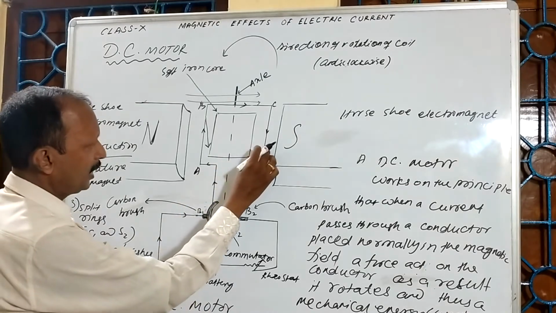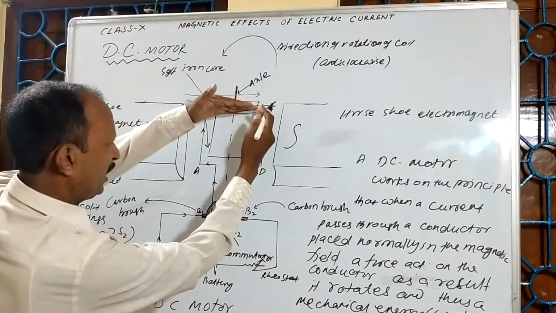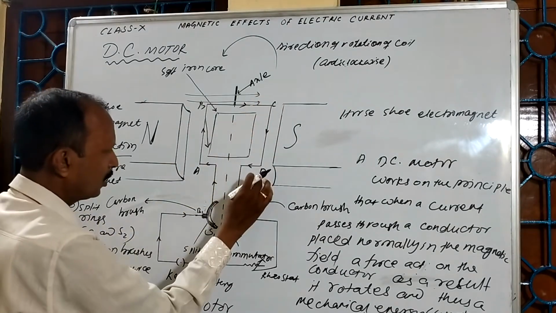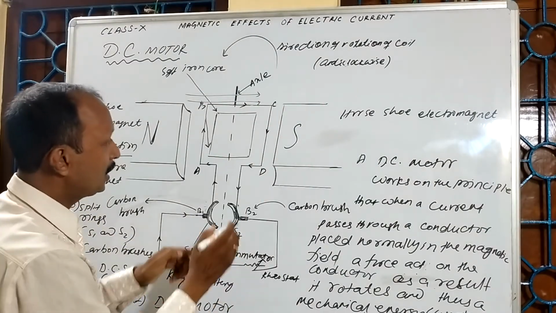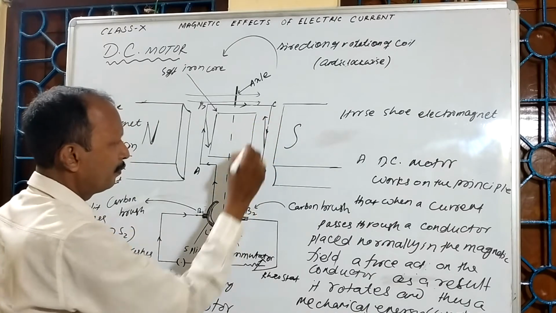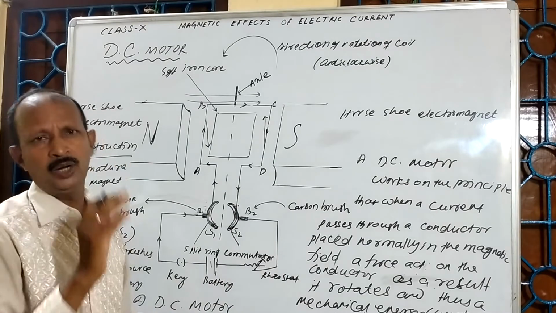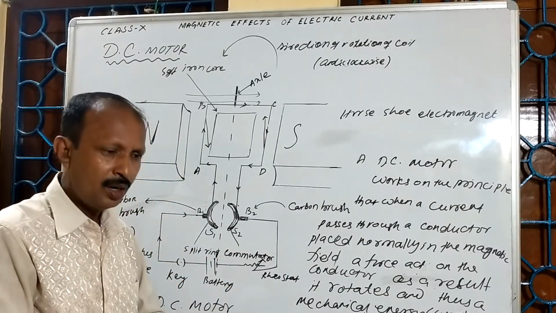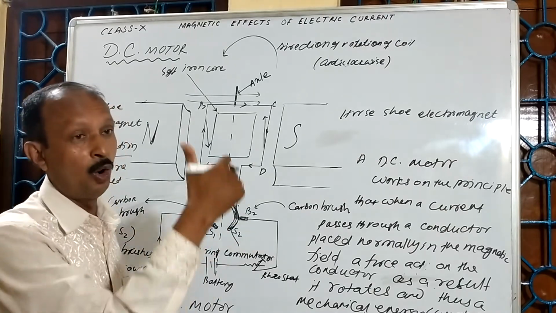At the same time, this side is also perpendicular. But here the current direction is A to B, here the current direction is C to D. In this case, force acts upwards, perpendicular to the horizontal surface but outwards.